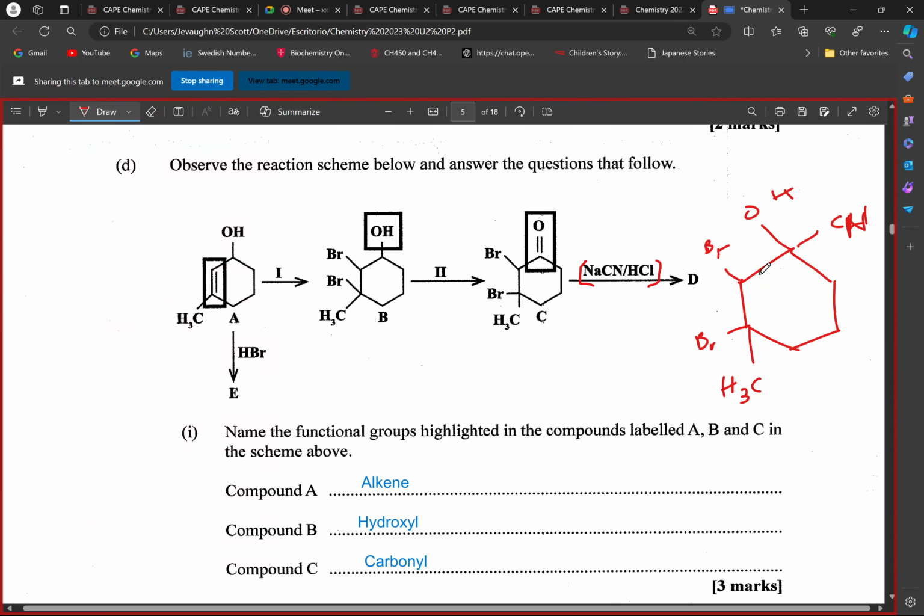So I'm assuming that's the reaction they want us to look at for compound D. And for compound E, what they want is probably the Markovnikov product of that reaction. If we write the Markovnikov product, it should have one hydrogen here, two hydrogens here, one hydrogen here. Therefore, the hydrogen will attach there. So we're going to end up with something like this.